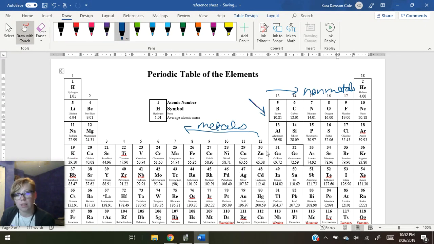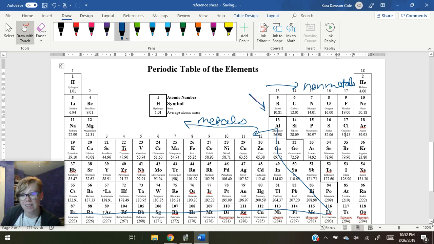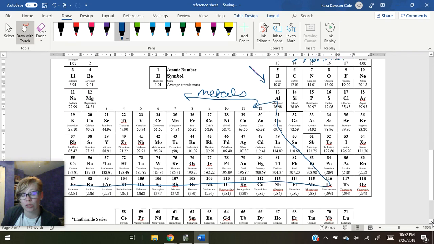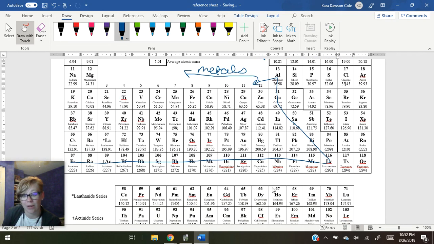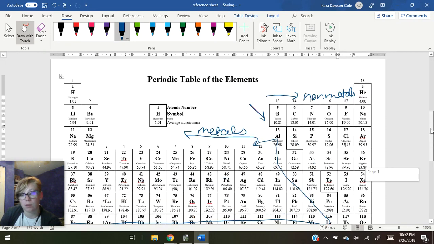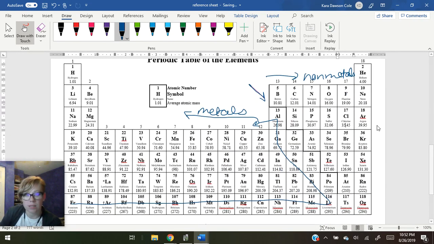If I'm looking at all of these guys, these are all metals, and this even includes this bottom chunk of the periodic table right here. You've got metals all the way down here, and all the way going across here. Everything's a metal.